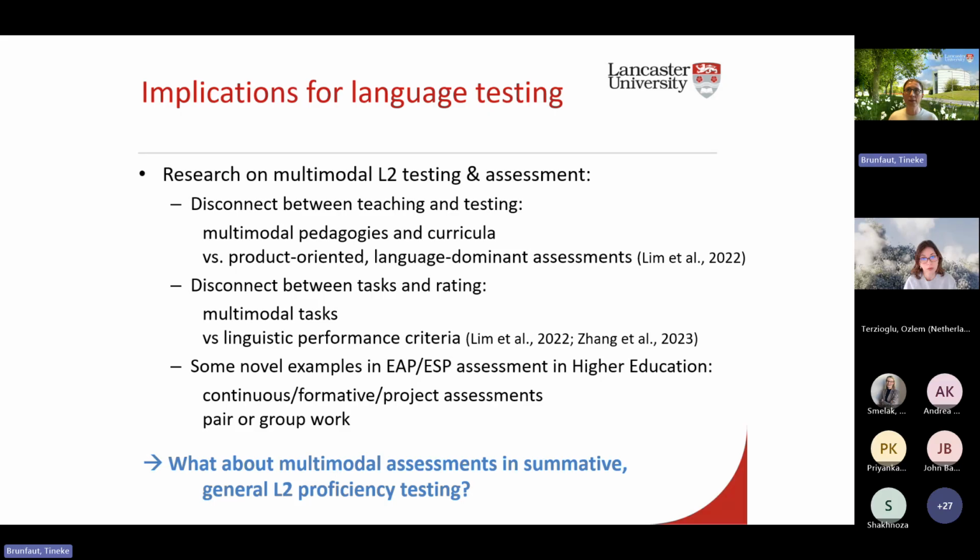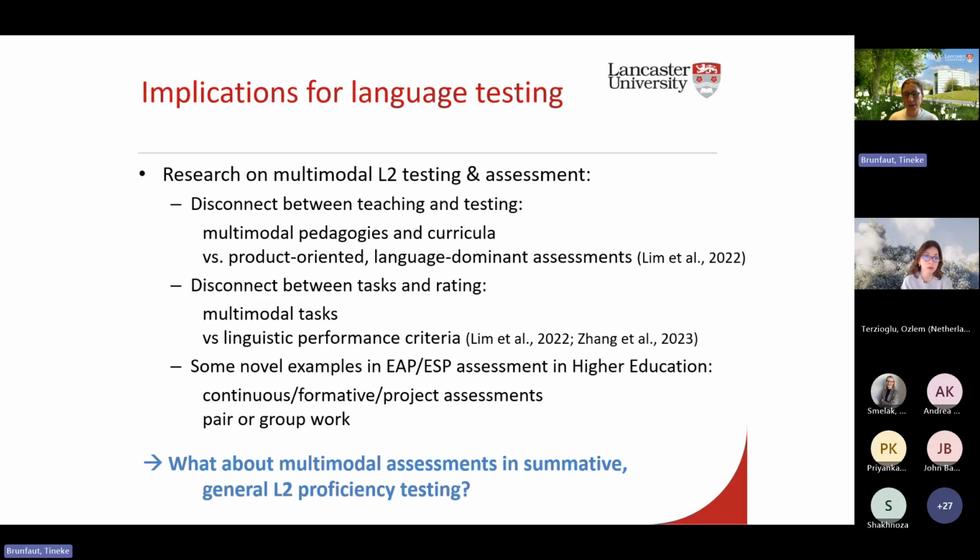And what that means in effect is that the assessed construct becomes monomodal again. So for example, traditional writing and speaking criteria, but not going beyond that. So monomodal constructs.